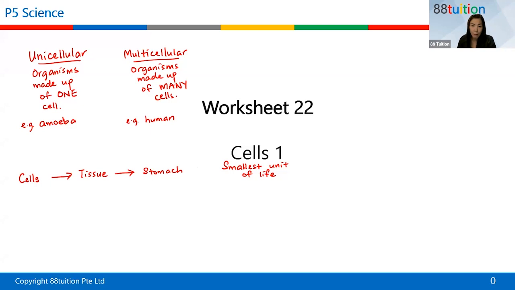So what are the various organs that you can think of that is related to the stomach? Together with, maybe I need to put the arrow a bit longer. So together with large intestine, I think it was mentioned in the video, small intestine. Yes, very good.